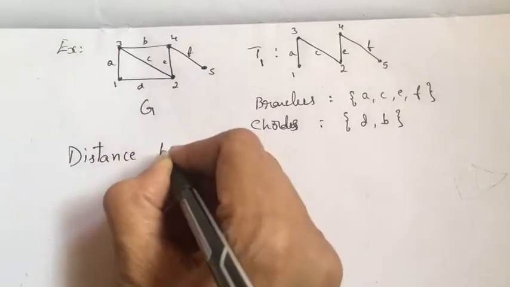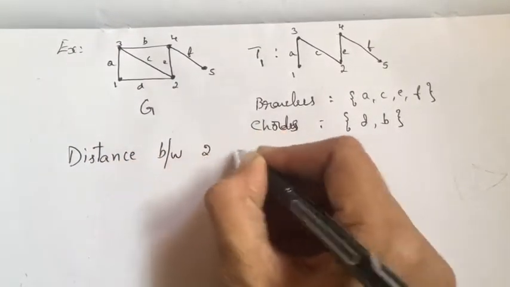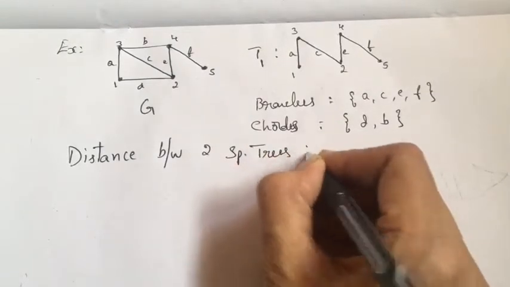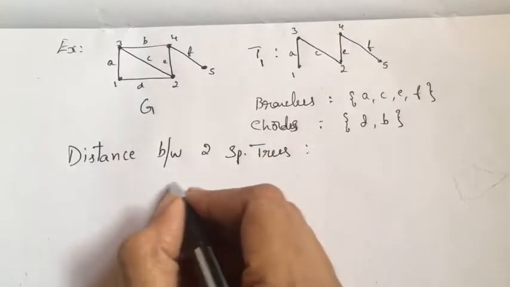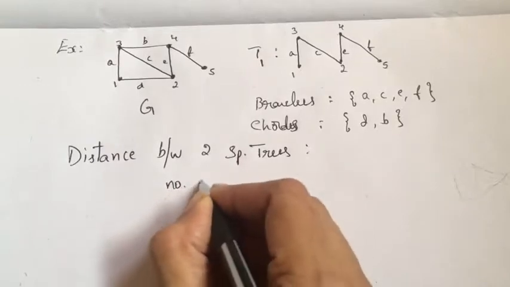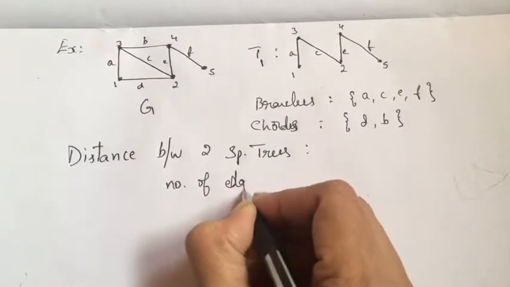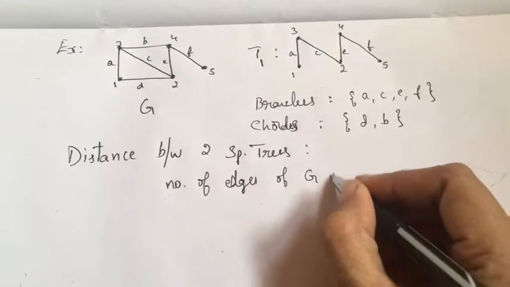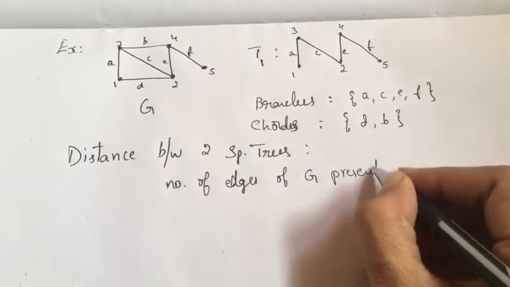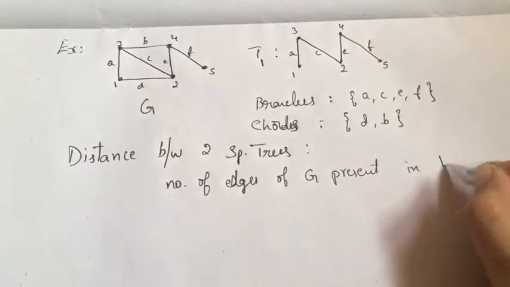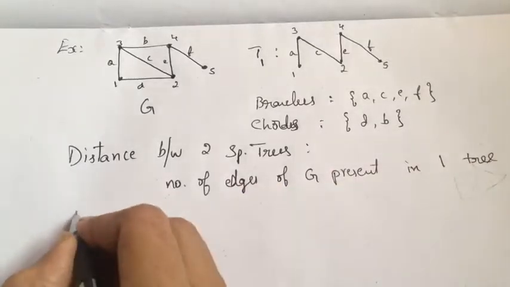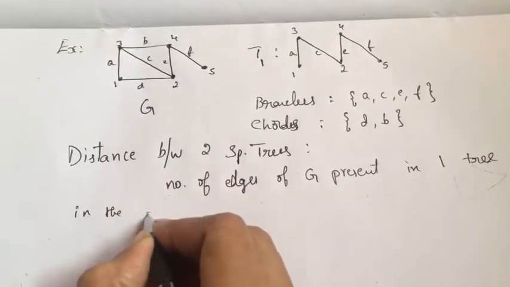Distance between two spanning trees is nothing but the number of edges of G which are present in one tree but not in the other.